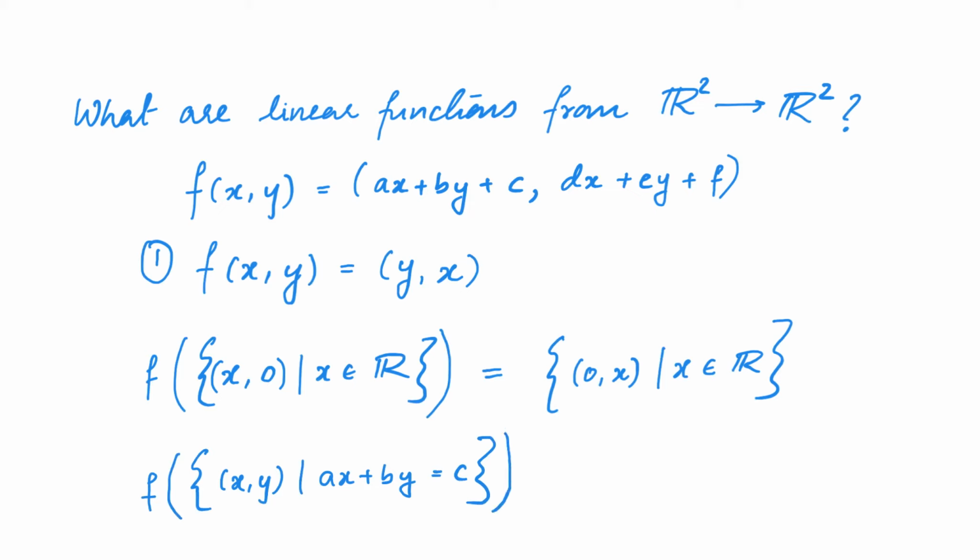When you act F on this set, you will basically get all (y, x) such that ax + by = c. Now this is once again a line. And thus we see that a line is getting sent to another line. And this is a sense in which we can say that this function is linear.